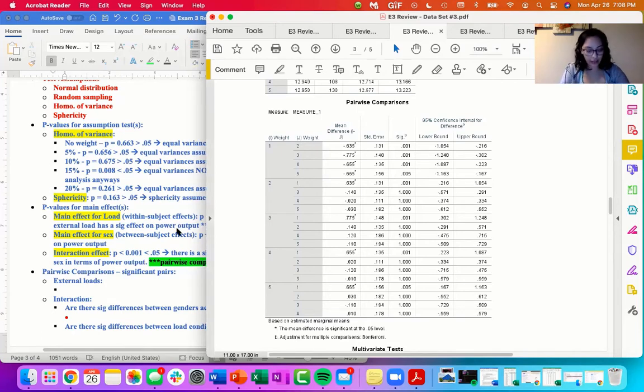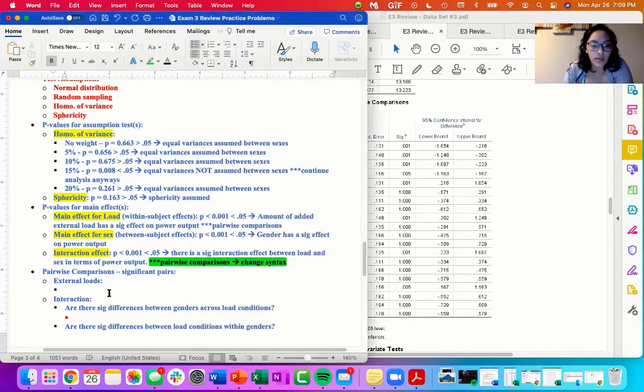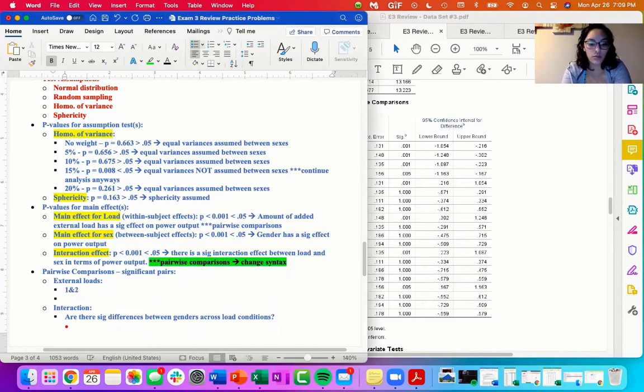But in this case, external load, it looks like only the differences between no weight and all of the added weights are significant. And you can see those are repeated each again. So in that respect, we can just say difference between 1 and 2, 1 and 3, 1 and 4, 1 and 5.